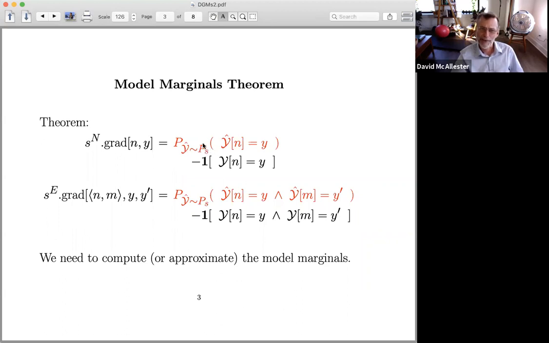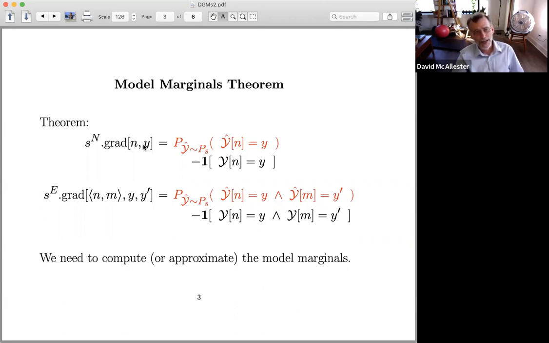Now, this exponential softmax, we can't actually draw from it, but the theorem is going to say that if you could, then for this node and this label for that node, the loss gradient with respect to this tensor entry is just the probability, over drawing from the model's probability distribution on global labelings, that this node is assigned that label.